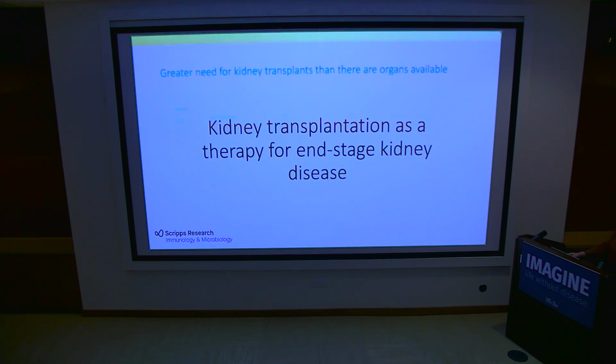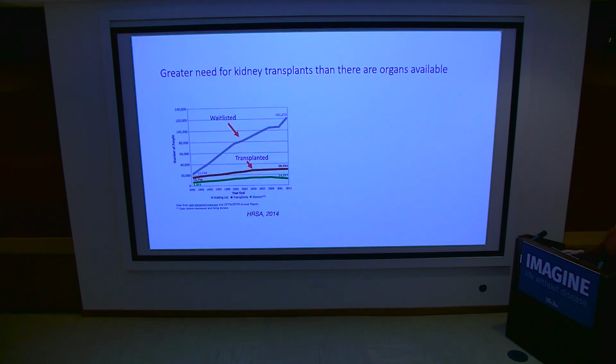Because of this, there are a lot of people on the United Network for Organ Sharing waitlist for transplant, as indicated in the gray line. In 2013, there were 120,000 people waitlisted for transplant, yet only about 30,000 transplants performed in the United States. And that's because there are not enough donors available for transplant.